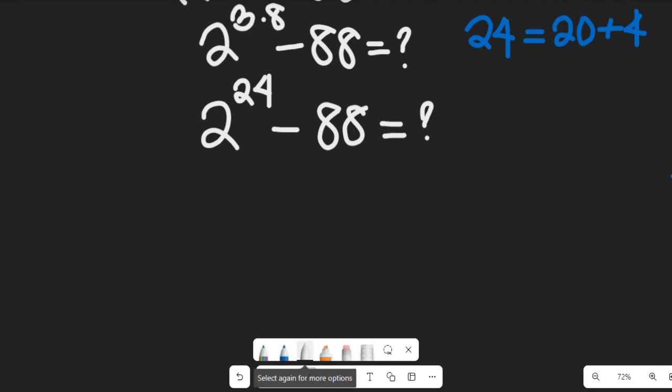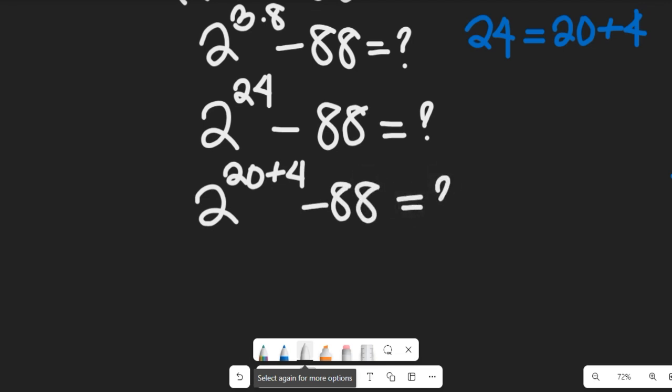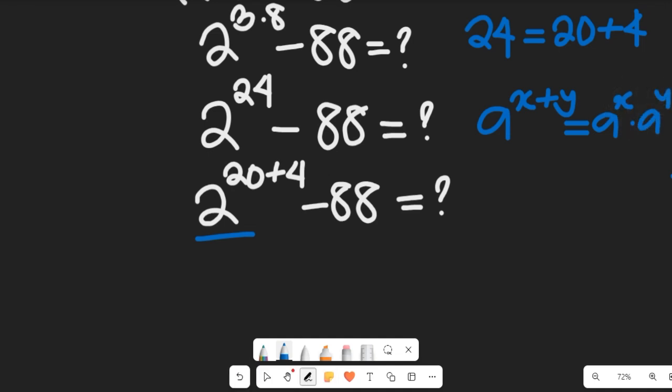Now let's look at that. I can now have this to be 2 to the power of 20 plus 4, minus 88, and this will be equal to what? Great. Now, according to the law of indices, I can expand this. Remember, if you have a to the power of x plus y, this can be equal to a to the power of x multiplying a to the power of y, right?